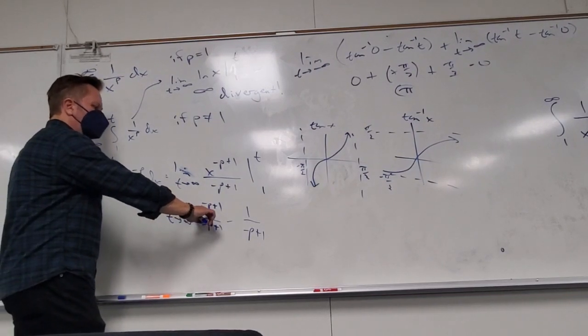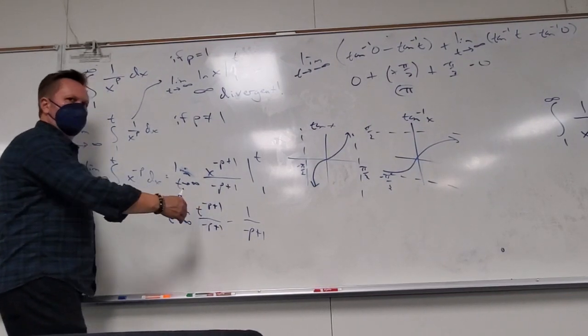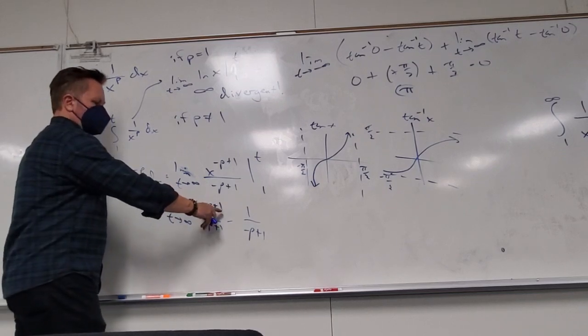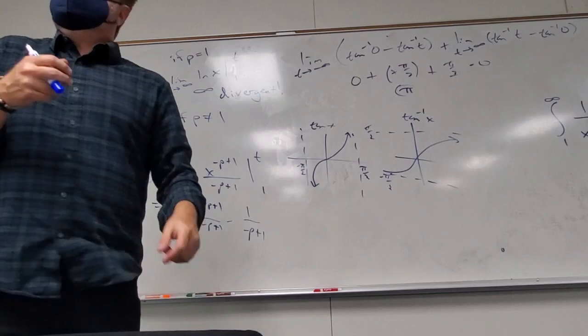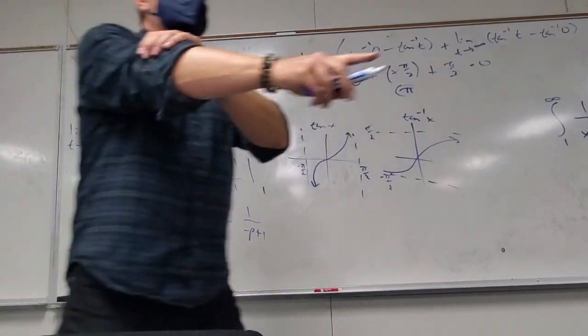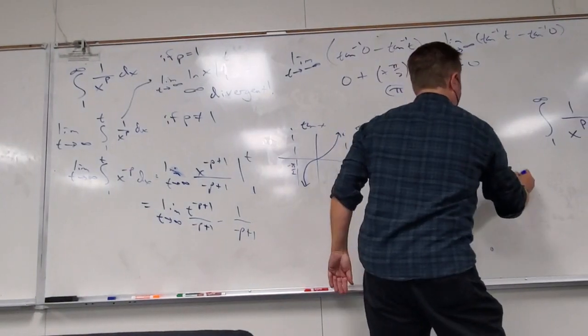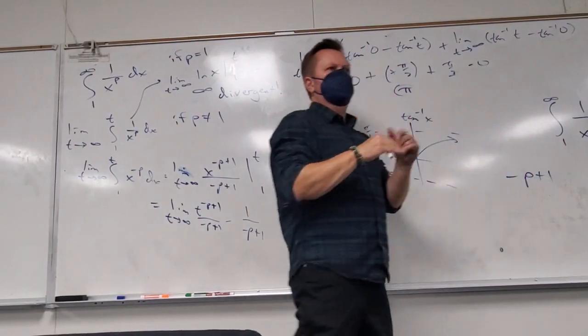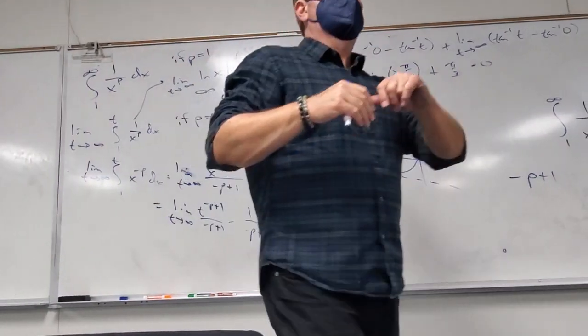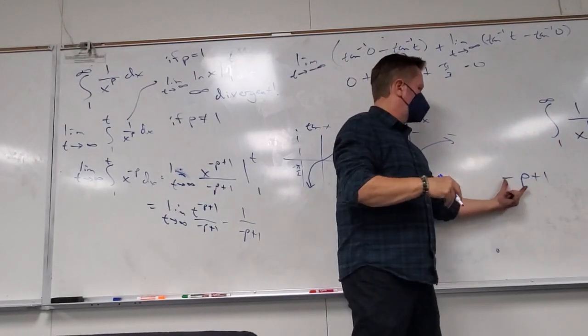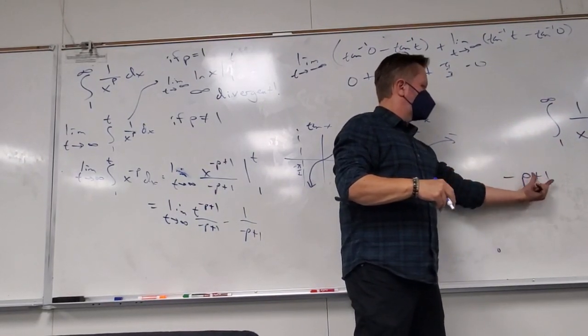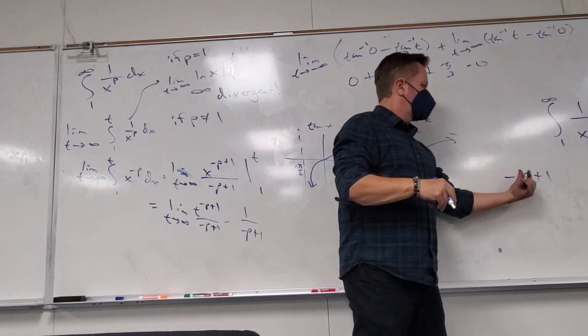If p is less than 1, what is negative p plus 1? What kind of number is it? Give me a number less than 1. 1/2. What's negative 1/2 plus 1? 1/2.